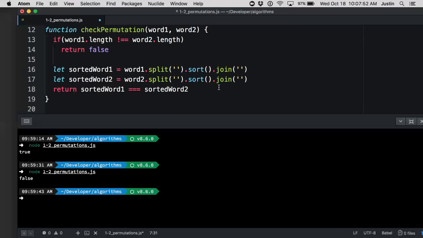The thing to know in this case is that sorting algorithms have a time complexity of at least n log n. Again, don't worry too much about wrapping your mind around the whole big O notation thing.